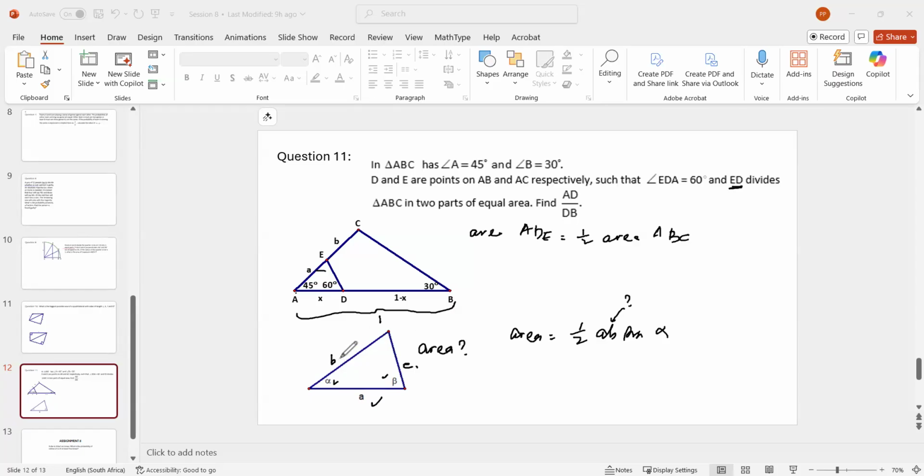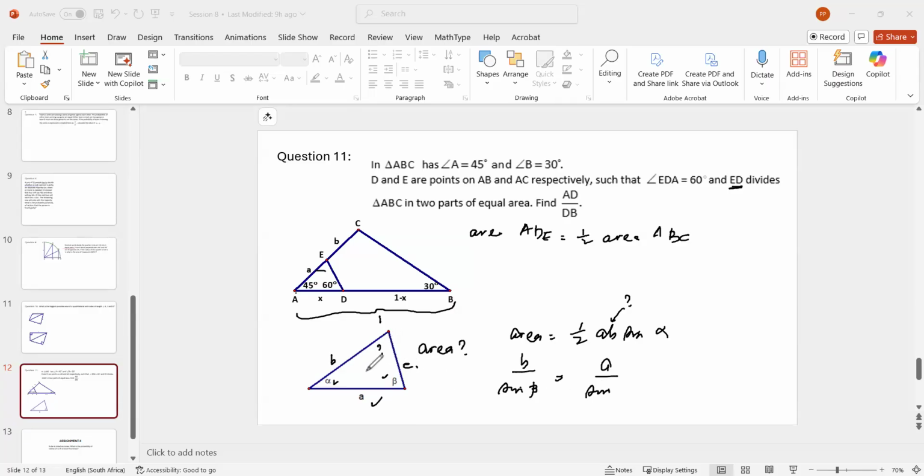Now you can calculate B by using the sine rule. Some of you would have come across the sine rule. It says B over sine B is equal to A over sine of this angle.